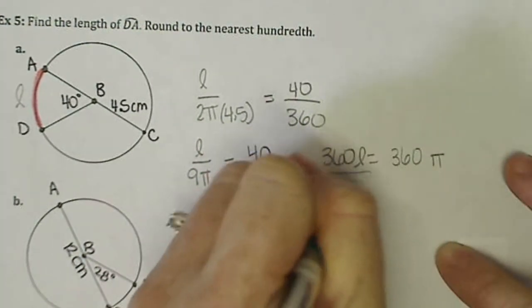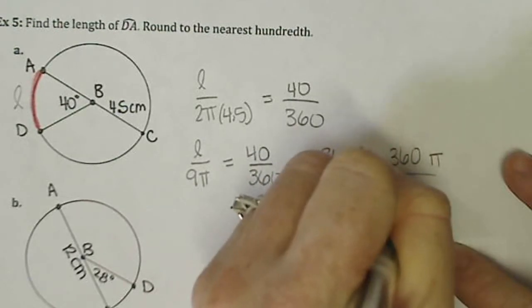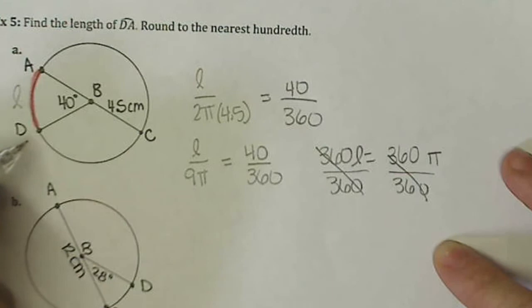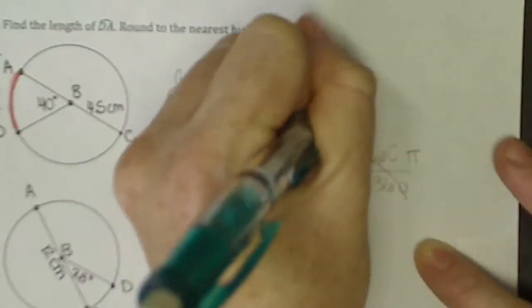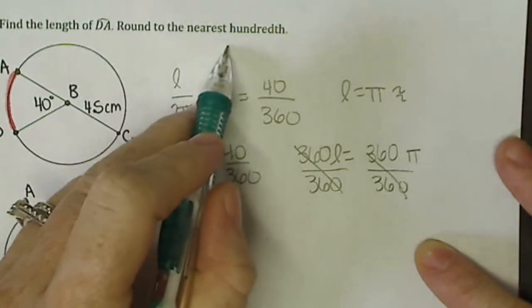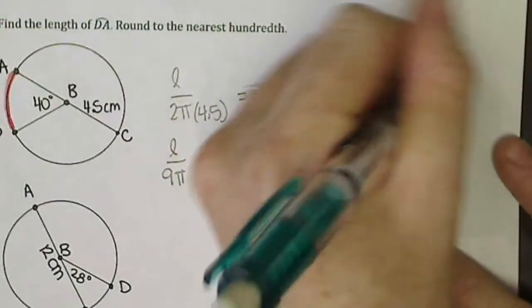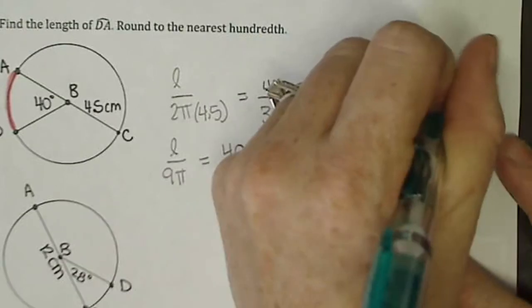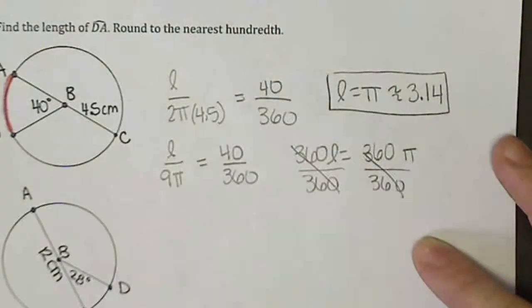Divide by 360. Cancels. How long is this length? It's just pi, and it says to round to the nearest hundredth, so we need to actually round it to 3.14. Pretty cool.